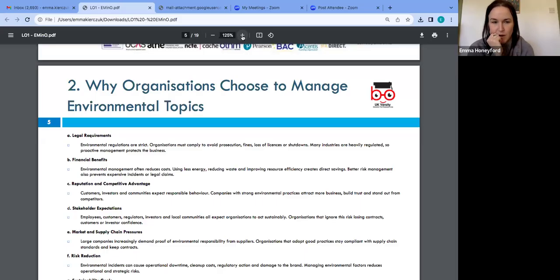So reputation and competitive advantage. I think more and more consumers and customers expect better from organisations. And obviously, there's been a lot of disasters in the past in which organisations have faced fines. So there is increasing pressure for companies to do the right thing, and I think that is really important that they do.